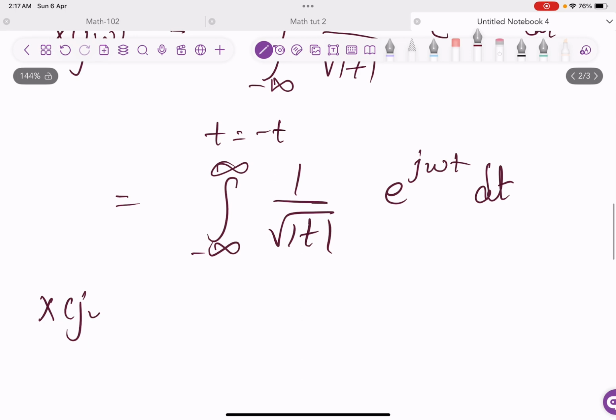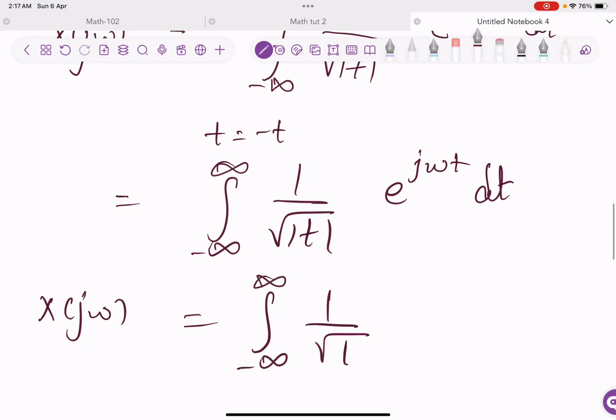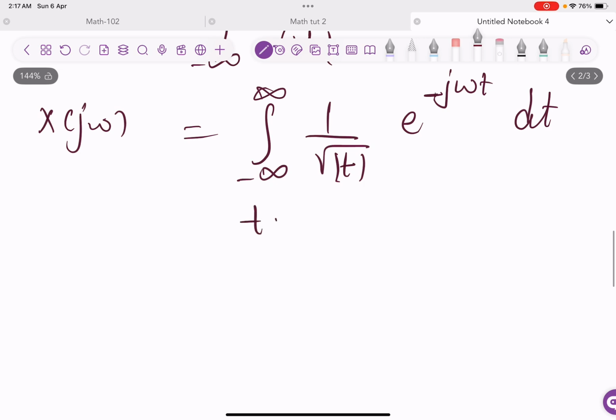X of j omega is equal to the integral from minus infinity to infinity of 1 by root mod t e power minus j omega t dt. I'll tell you why I'm going to replace t with alpha square.